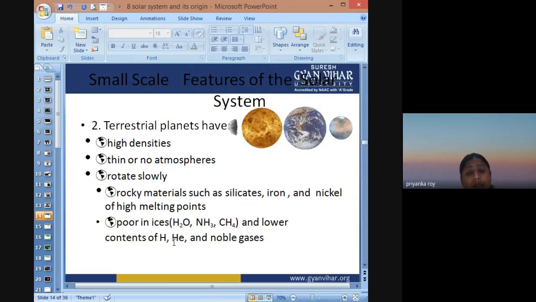And there is poor presence of ices, such as hydrogen, nitric acid and carbon based materials, with a lower content of helium and hydrogen and other noble gases.